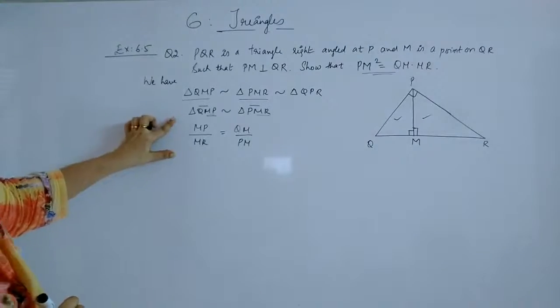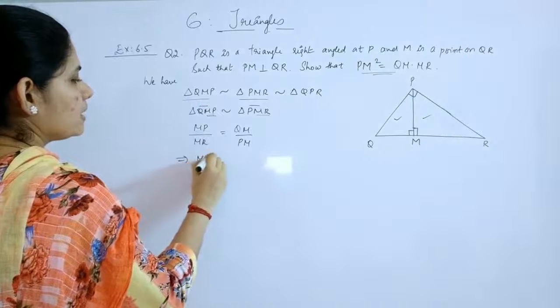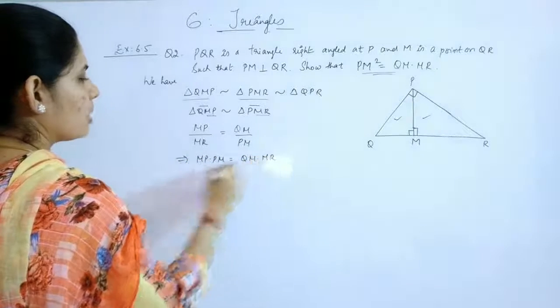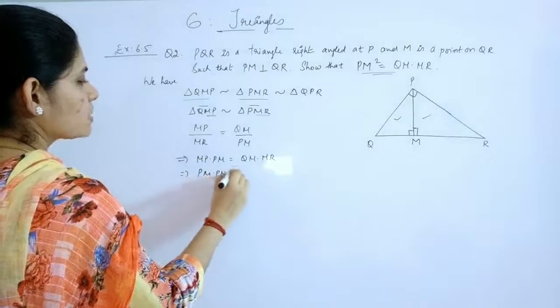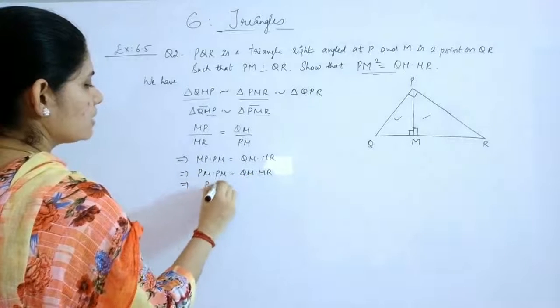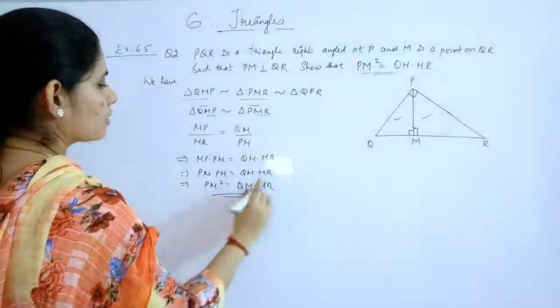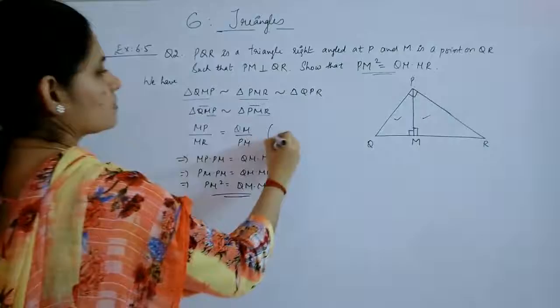Okay, clear? So cross multiplying, what you will get, MP into PM, both are the same, is equal to QM into MR. That is, you are getting PM into PM is equal to QM into MR, which is PM square is equal to QM into MR. Okay, you understood the concept?